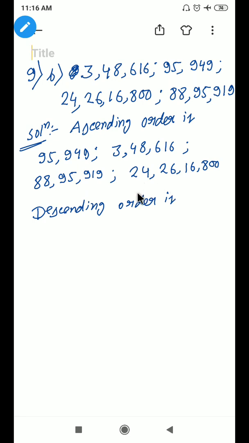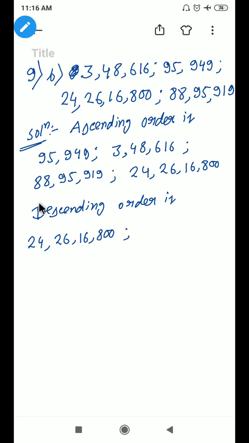What is the meaning of descending order? You have to arrange the numbers from bigger to smaller. So which one is the bigger here? You have to write down the numbers from the last. So obviously 24 crore 26 lakh 16,800 is the bigger number.